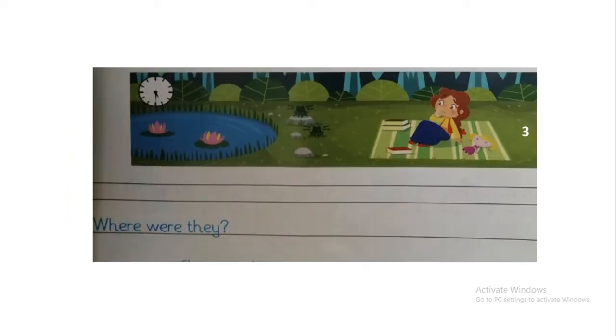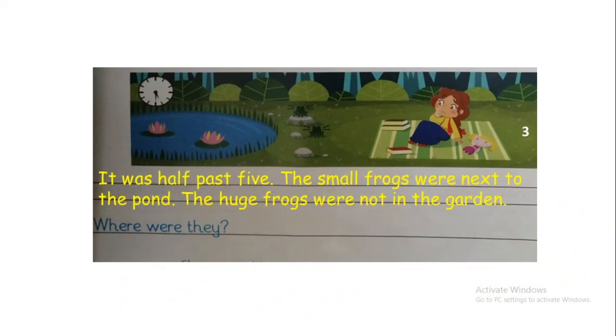Finish number 2. Go to number 3. What is the time here? It is 5:30. What did you see? I see small frogs. So the small frogs were next to the pond in the same place.